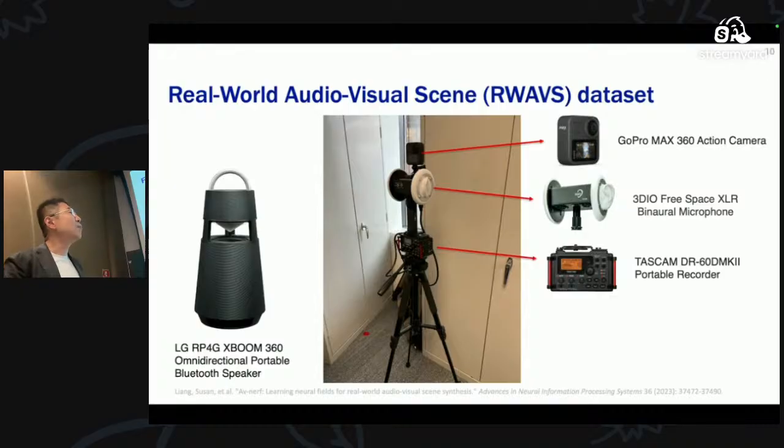And this is a portable recorder, and this is an omnidirectional LG Bluetooth speaker used as the sound source, and we place it at different locations in the lab, in the classroom, outside in the park, and the student holds this device to record them. For the sake of simplicity, we don't want them to hold high or hold down, so we omit that Z direction.